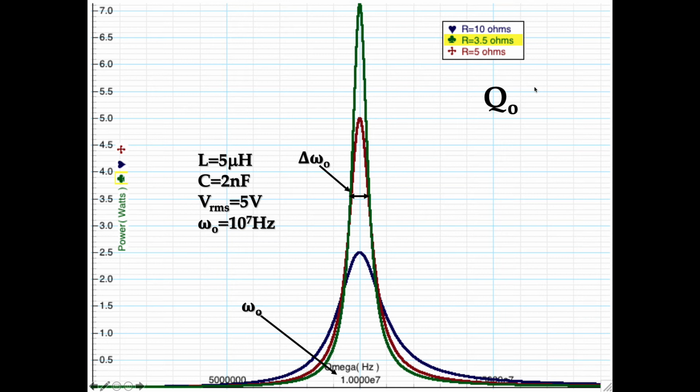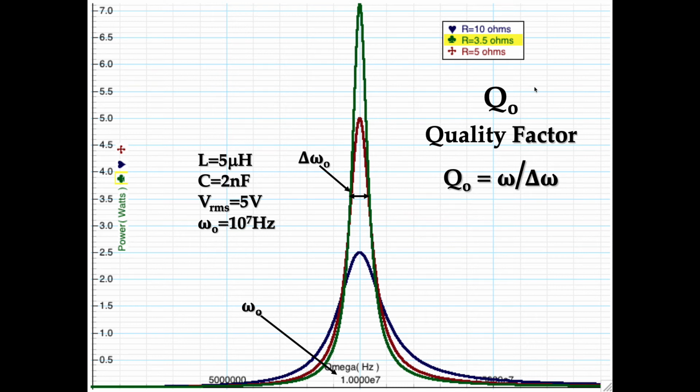And to describe the RLC circuit, we also define something called the quality factor, which is evaluated at the resonance frequency. And it turns out that the quality factor is omega naught, which I didn't write in there, but it's omega naught divided by delta omega.